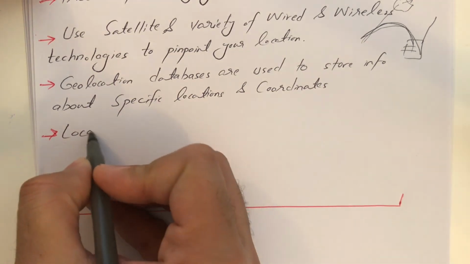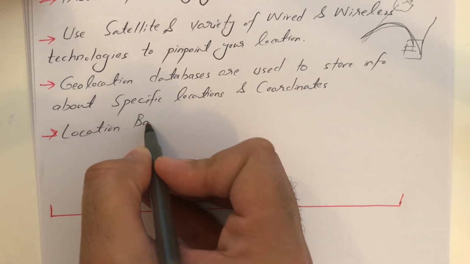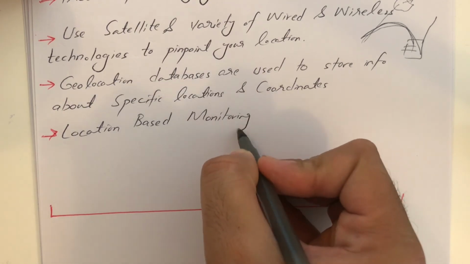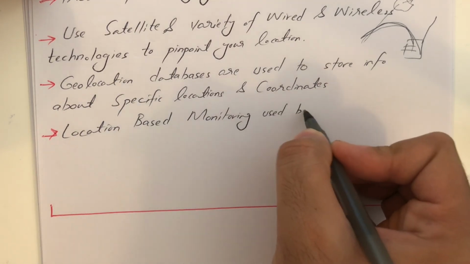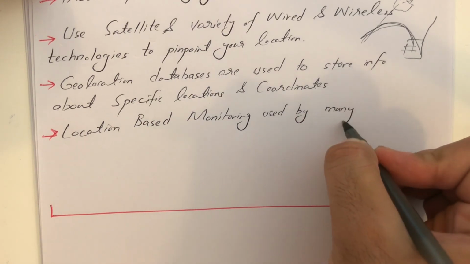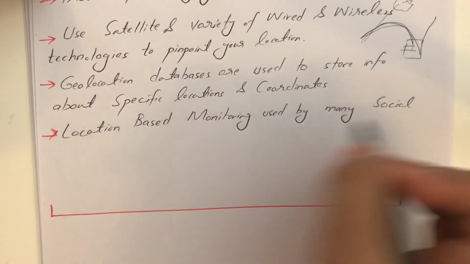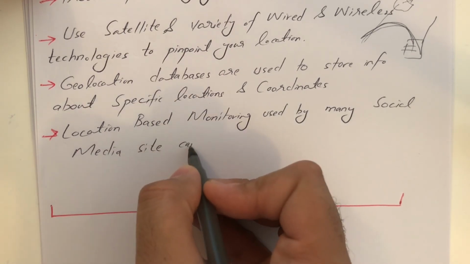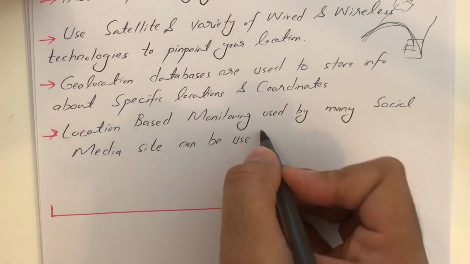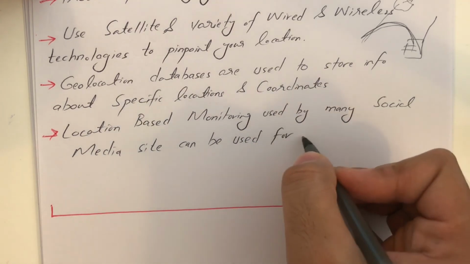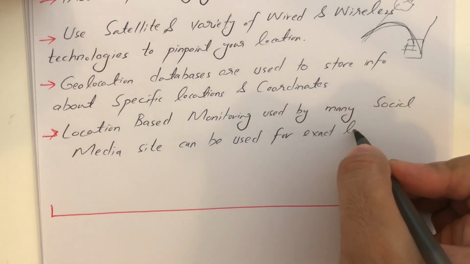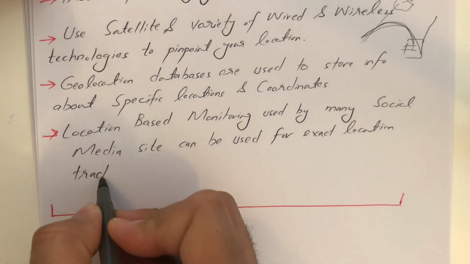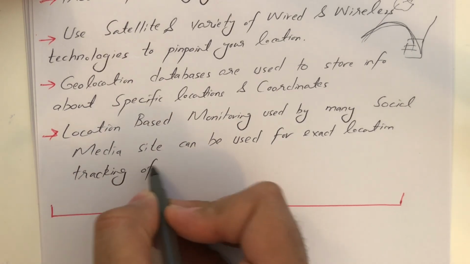So location based monitoring used by many social media websites can be used for exact location tracking of individuals.